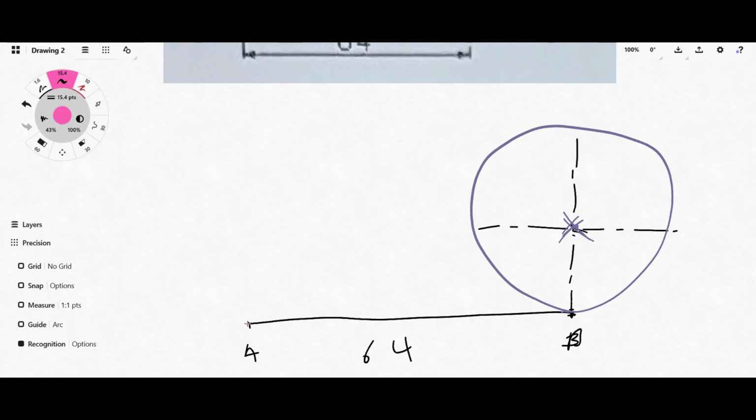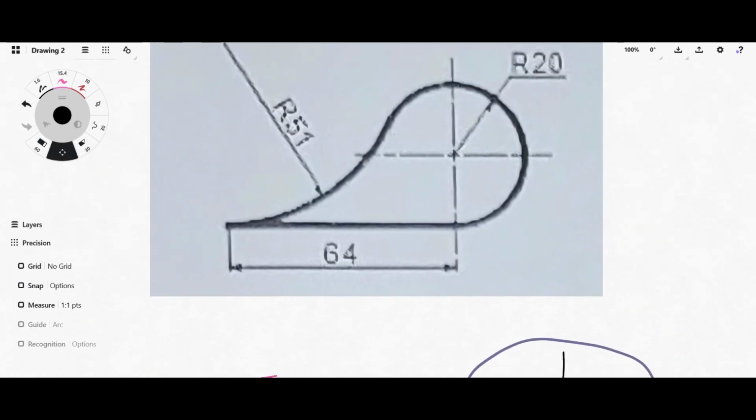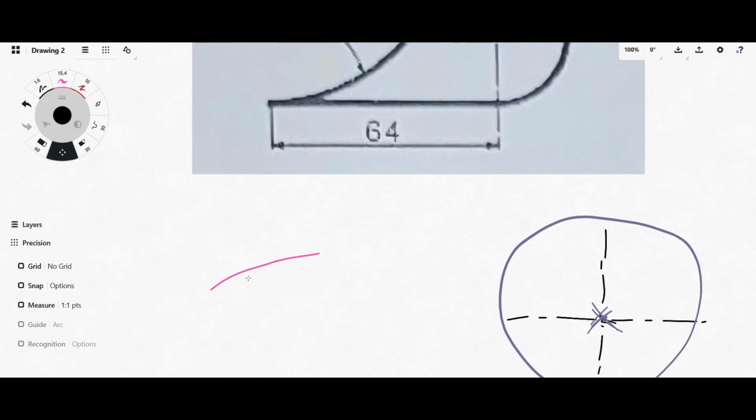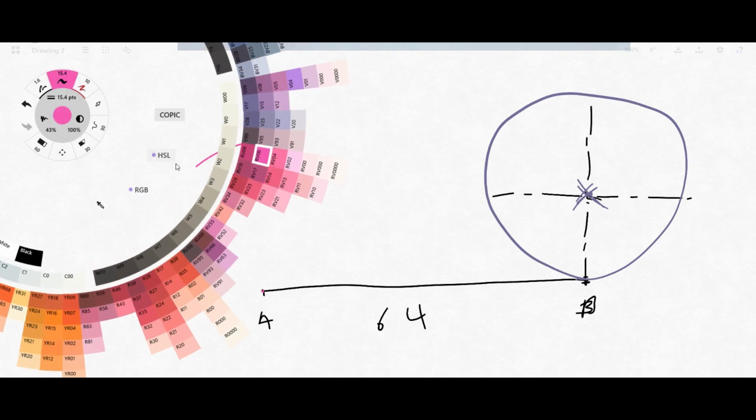So you bring your compass here, you open to a radius of 51 millimeters, and then you draw an arc, right? Any reasonable length, you just draw an arc, and this arc tells you that the center point for this particular arc falls on this line somewhere, right? Then you go on again.